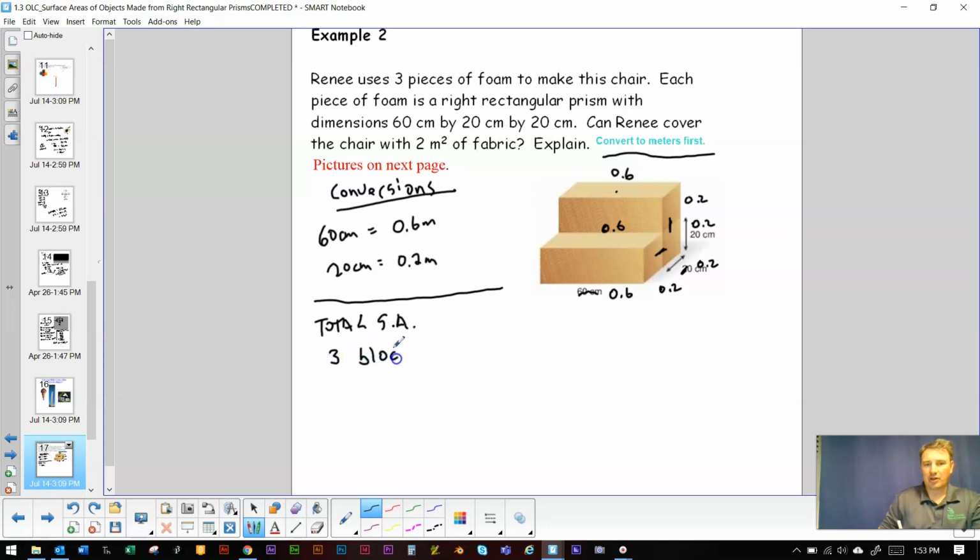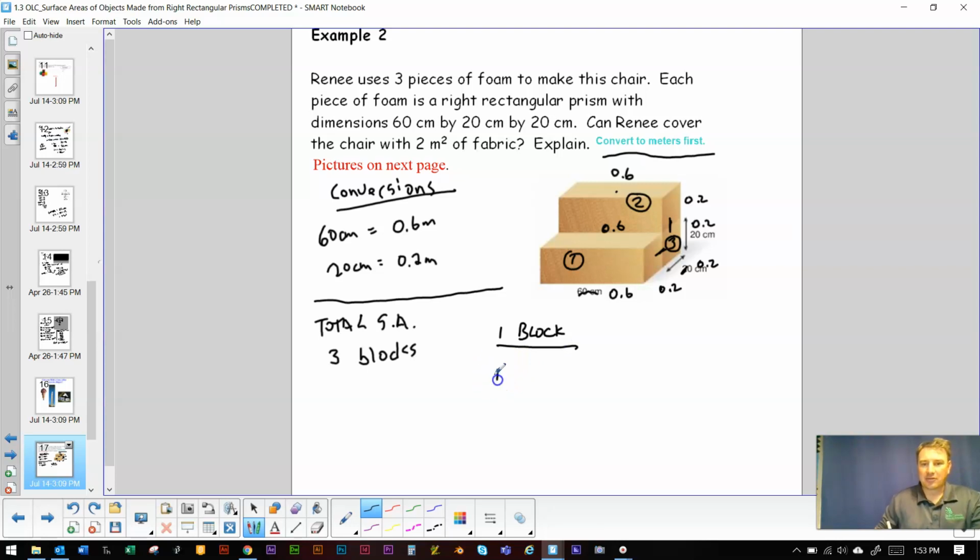I'll just call them 3 blocks. Each block has measurements. I'm just going to call this one block 1, this one block 2, and this one block 3. They're all the same shape and they're all the same size. So let's find out what one block is, and then we'll just multiply it by 3.